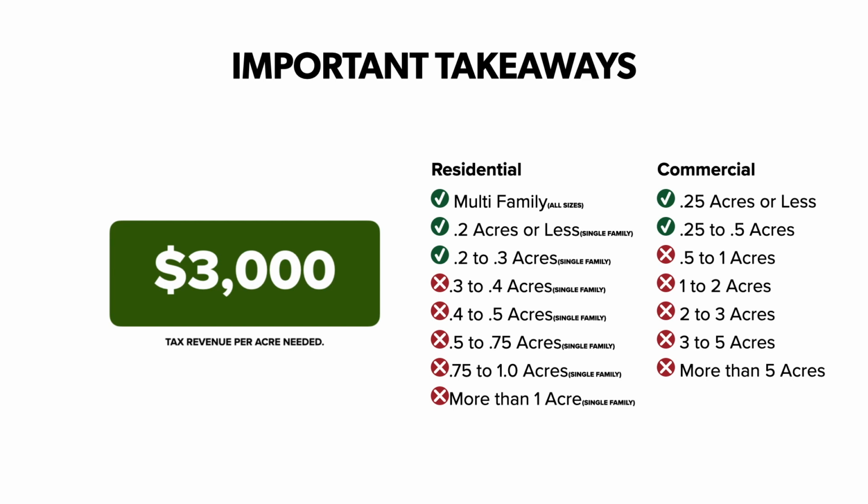A similar pattern is present in commercial development, wherein half-acre or less commercial properties perform the best from a property tax standpoint. Since the larger developments are not able to produce the needed revenue per acre, that forces smaller parcels to subsidize the larger ones.